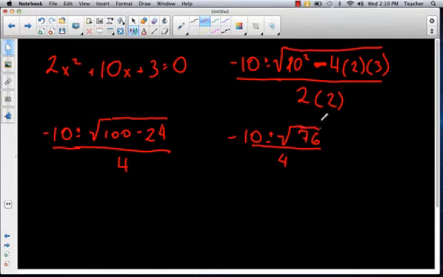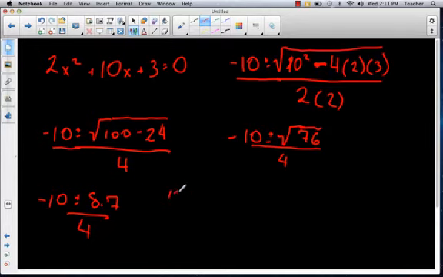Now, if you know how to get the square root to a perfect square and you take out everything, that's totally fine. But just for time's sake, I'm going to be using my calculator and taking the square root of 76 to get a decimal where I can round. And the square root of 76 on my calculator is 8.7. Let's just round to the 10th for time's sake. Now, negative 10 plus minus 8.7 over 4.